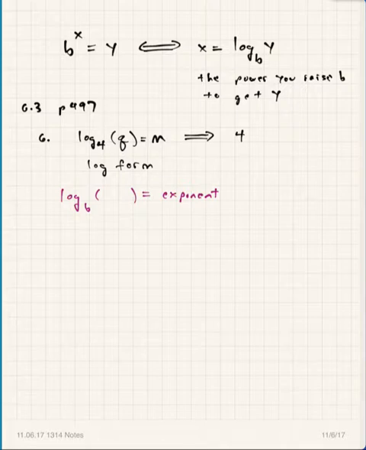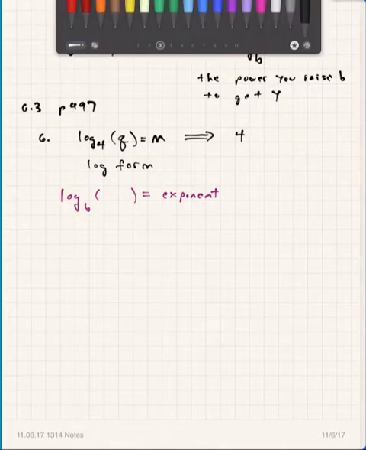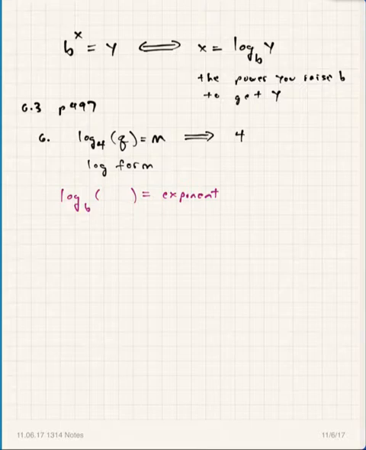So in our problem, the exponent is going to be m, and you have 4 to the m is equal to q. So logarithm base 4 of q represents the power you raise 4 to get q. This is our corresponding exponential form right here.